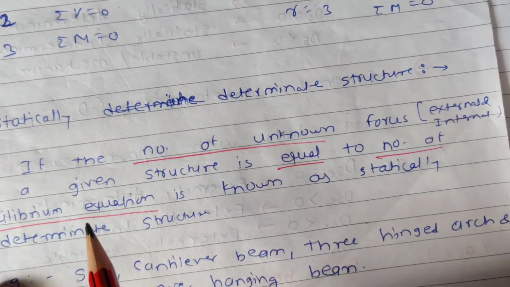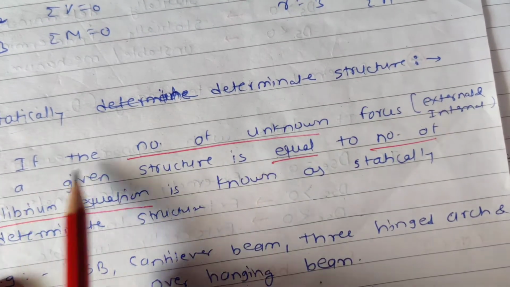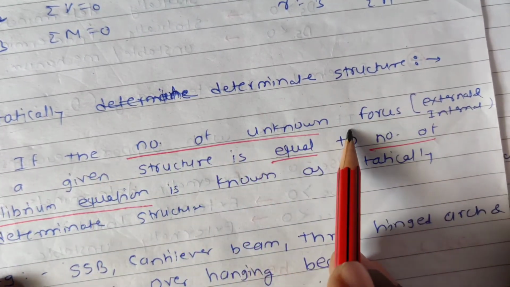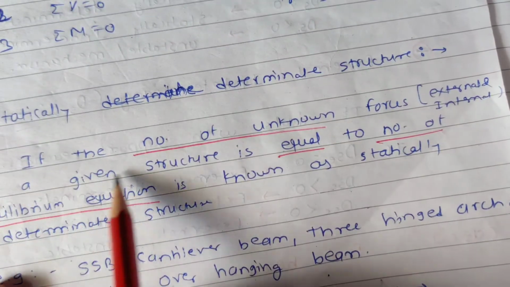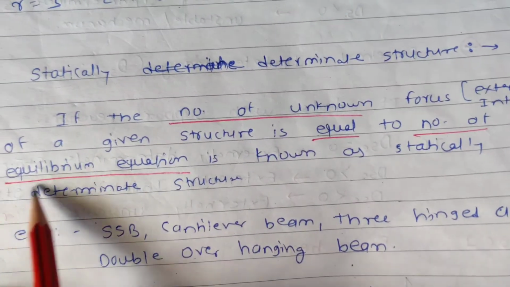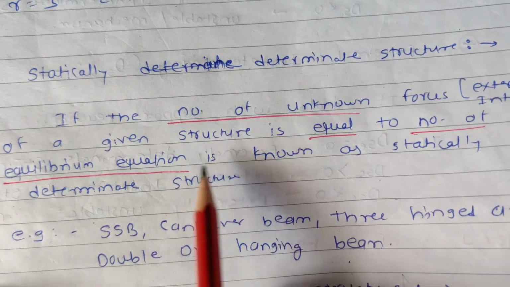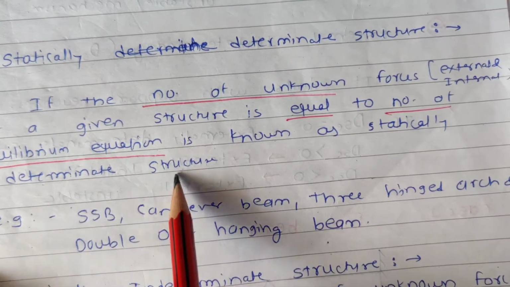Next, statically determinate structure. What is a statically determinate structure? If the number of unknown forces of a given structure is equal to the number of equilibrium equations, it is known as a statically determinate structure.